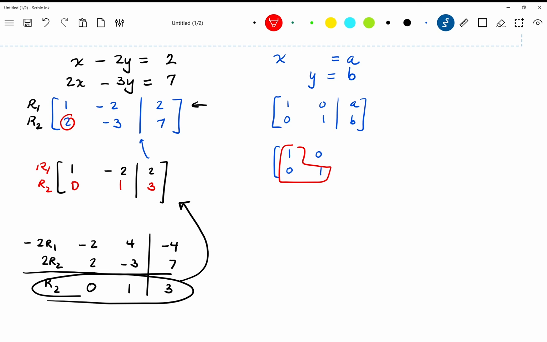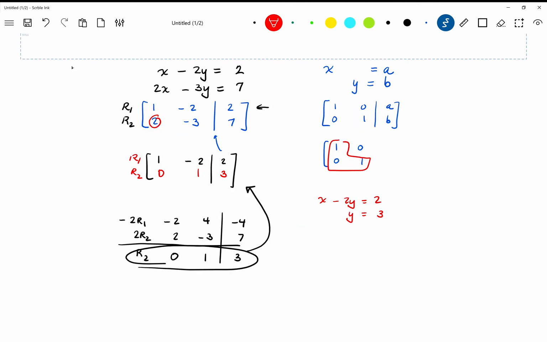So again, thinking about elimination, this is x minus 2y equals 2 and y equals 3. So if I'm using elimination to rewrite that, I want to take 2 times the second equation and add it to the first. So I'm going to say 2R2 plus R1, and that is going to replace R1.